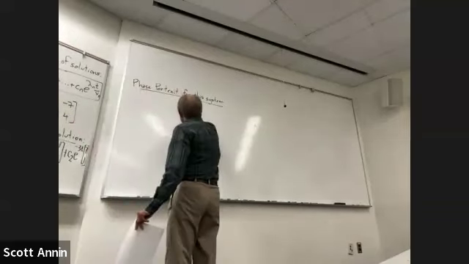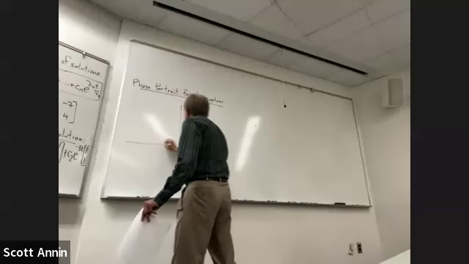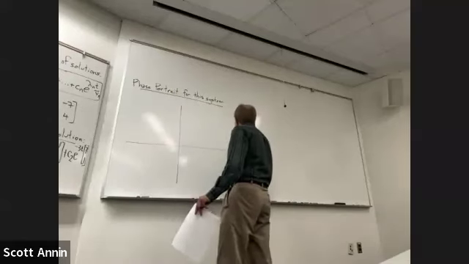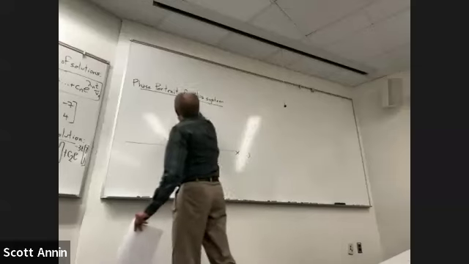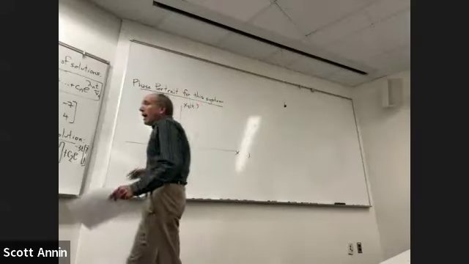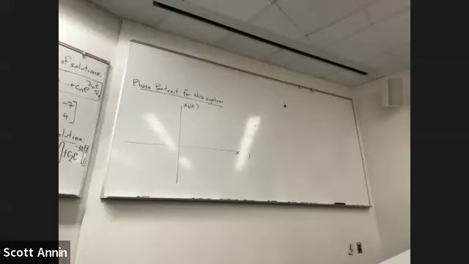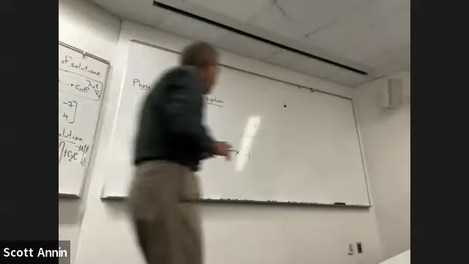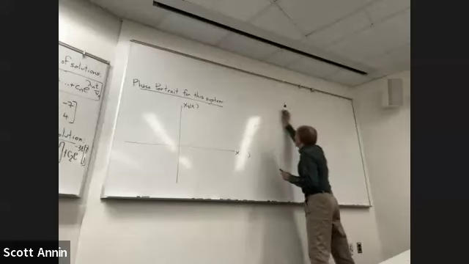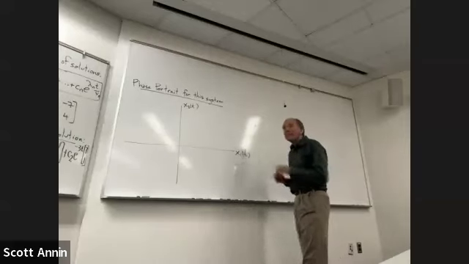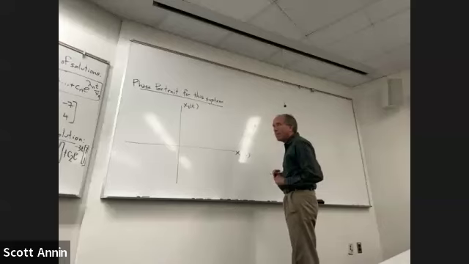I am going to draw an XY coordinate system. I'm actually going to label it with x1 of t and x2 of t. And I would like to draw a few of these solutions. As I said, there are infinitely many solutions. I cannot possibly graph them all, but I'm going to try to graph a couple of them so we can get a sense of what this system is like.